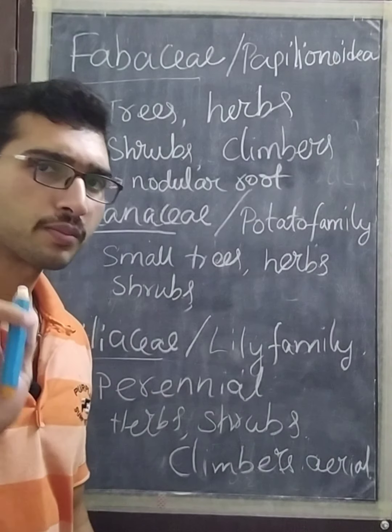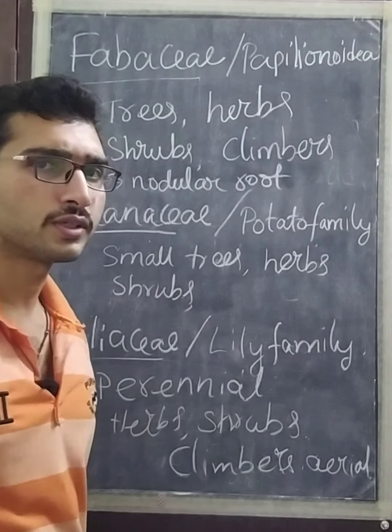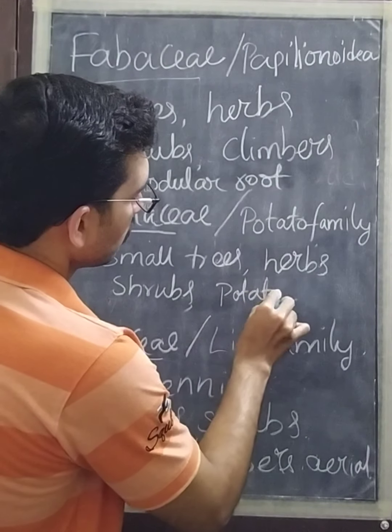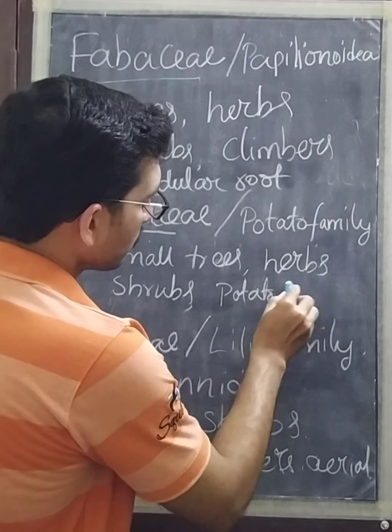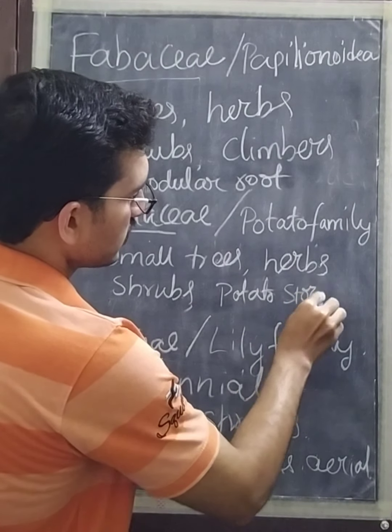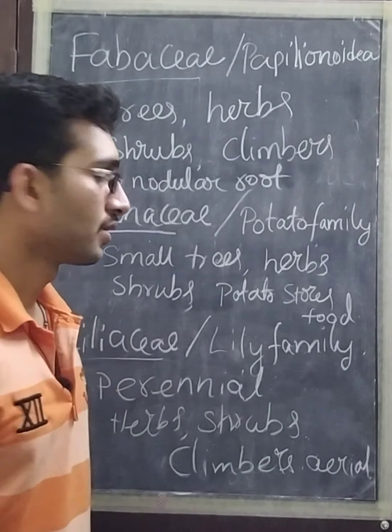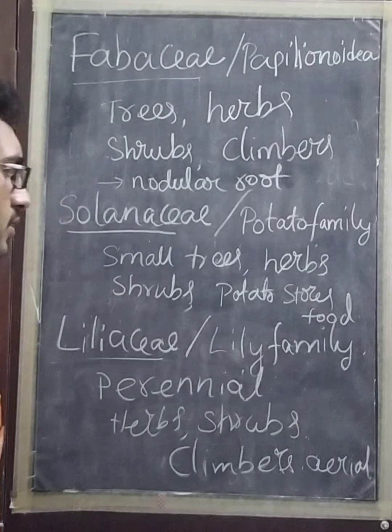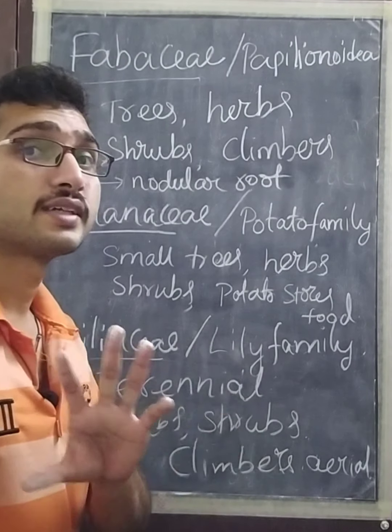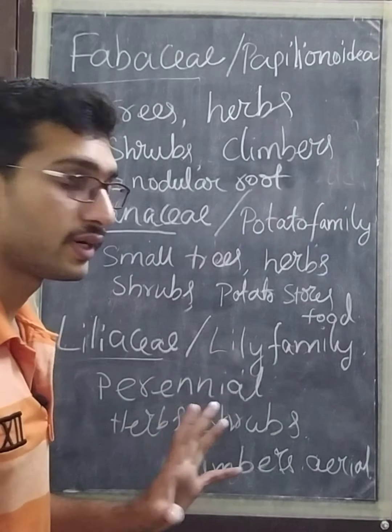In the Solanaceae family the roots are taproot, but the stem, especially the potato, stores the food material. What we think is a potato is one type of fruit? No, it is actually the stem which stores the food material.